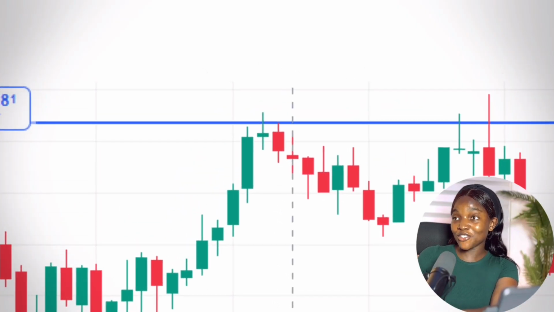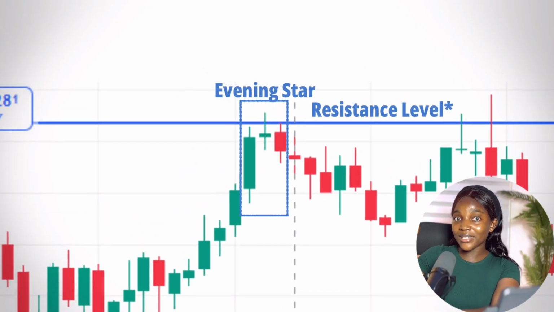So if you get a signal from a support level, when you see a candlestick pattern that formed in that support level, it gives you context to see that, okay, this candlestick pattern has confirmed the support level, and the support level has also confirmed the candlestick pattern. As we can see in this chart, you see how this candlestick pattern is confirming the support level, and the support level is also confirming the candlestick pattern.